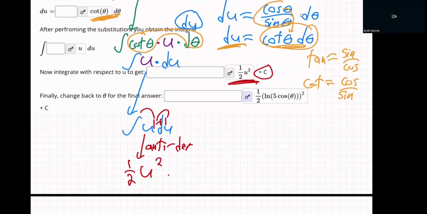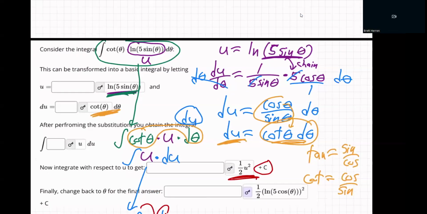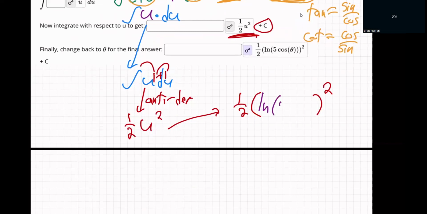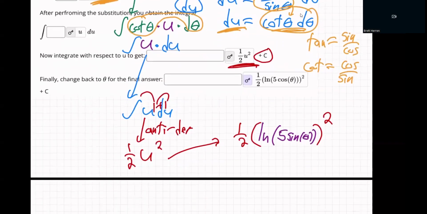And then last step, now the half u squared, plug in. What was that u all along? Remember, u is ln 5 sine theta. There's a lot of parentheses there. Oh wait, it was ln, yeah, ln 5 sine theta.